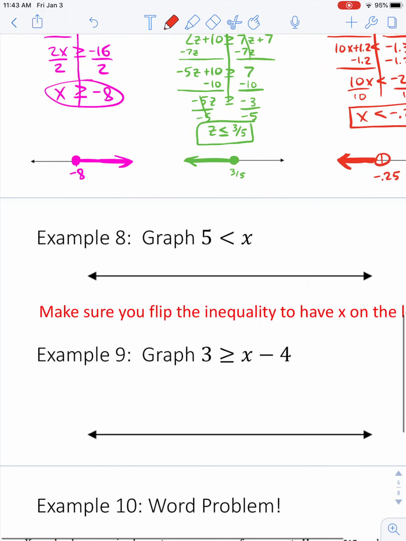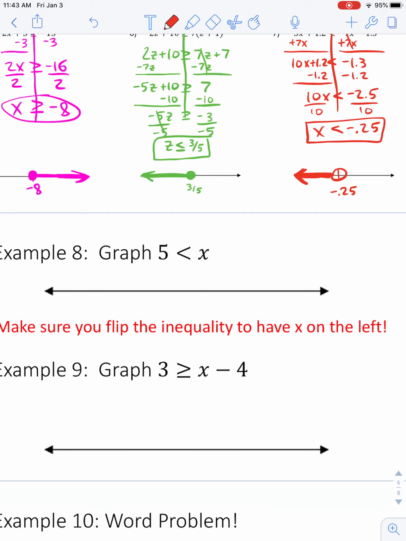Now, something I want to talk about really quick with just a couple of examples is what to do when the variable is on the right. And we're going to do something really simple that we already did earlier in this video, and that's just flip the inequality. If the variable's on the right and I want it on the left, I'm just going to flip it. So I'm going to say x and 5 instead of 5 and x.